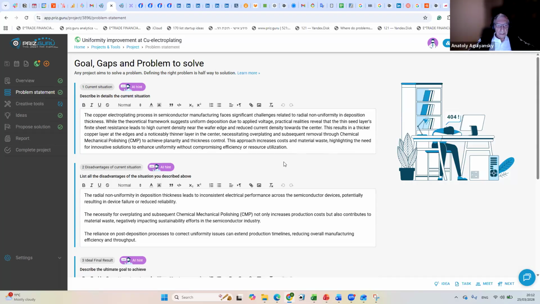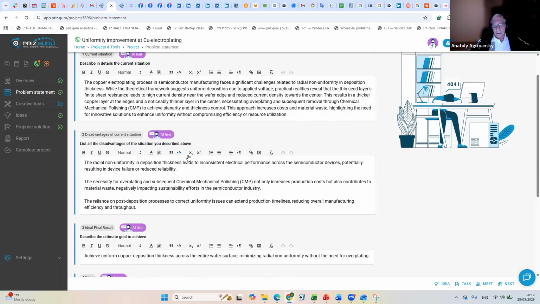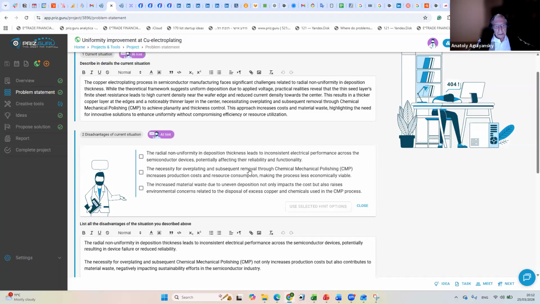The next step is disadvantages. Why is it not good, because maybe it's not so bad when we have not very good uniformity. And we also can ask for help and pick up something. The radial non-uniformity of deposit thickness, okay, we can pick some.